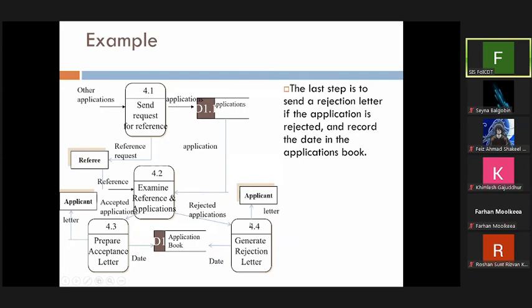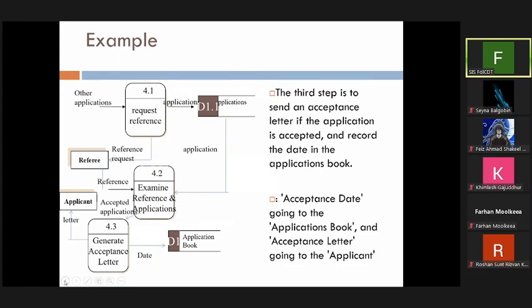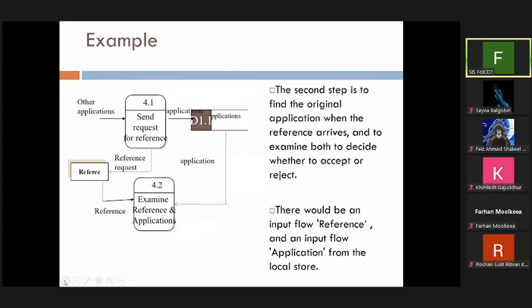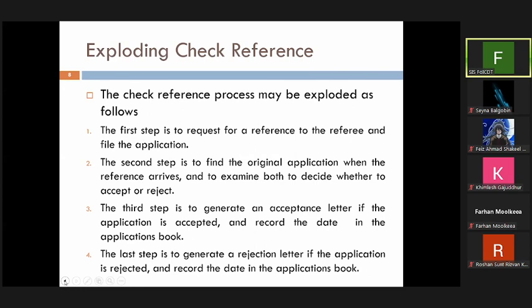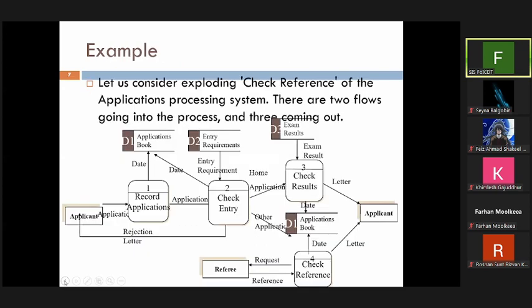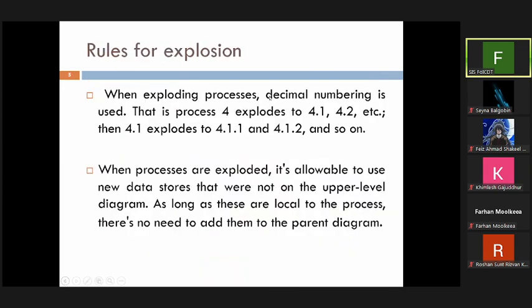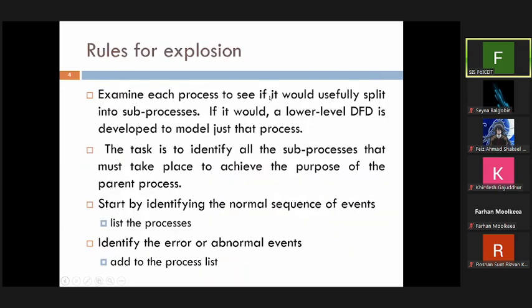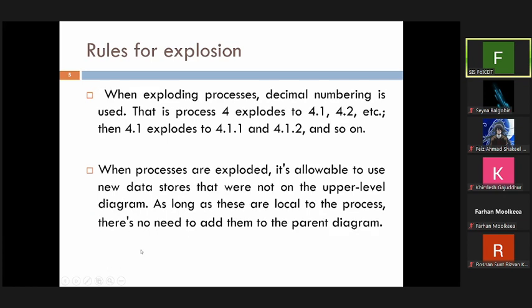The rules that we've seen for exploded DFDs are here. The numbering, and when a process is allowed to use a new data store, we've seen that. If a new external entity is required, we didn't come across a new external entity, but in case you have one, you have to modify your higher level diagram.